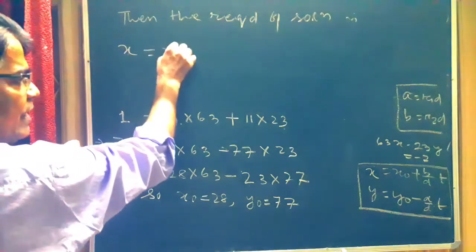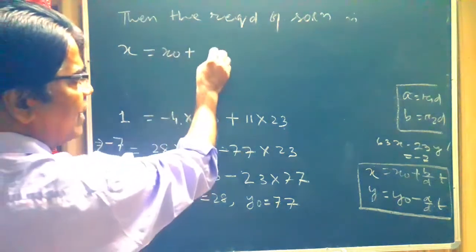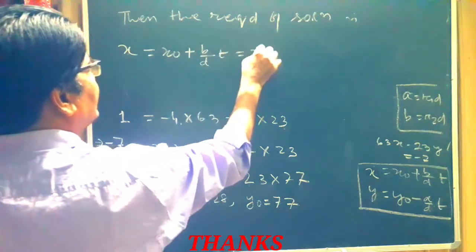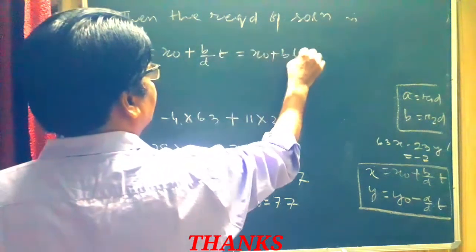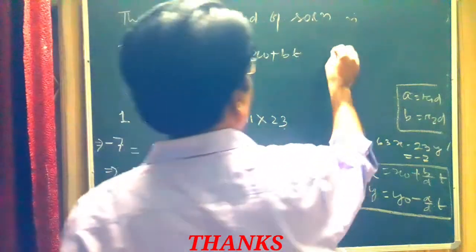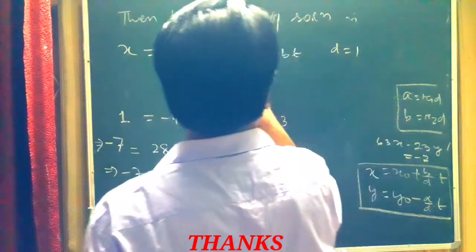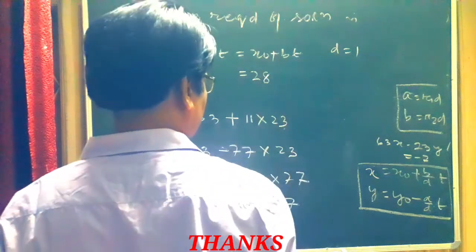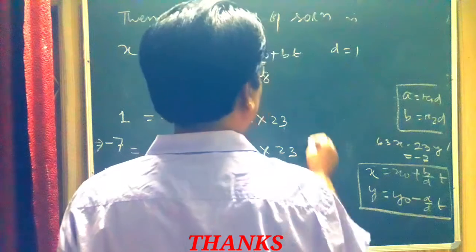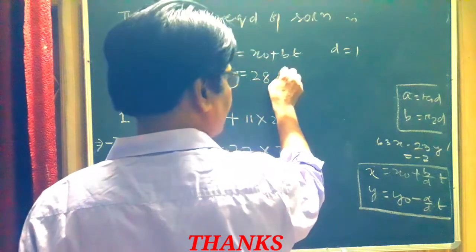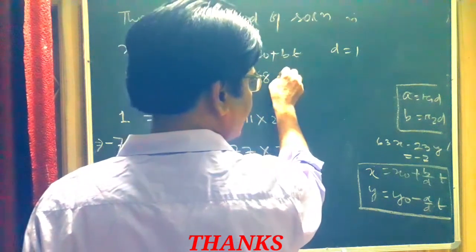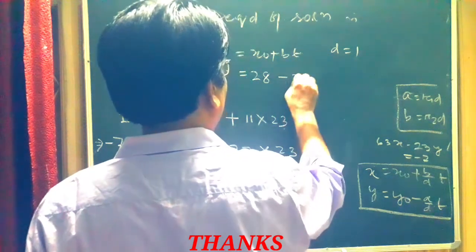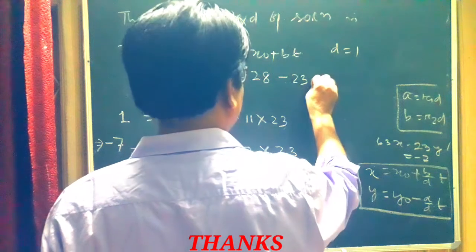x = x0 + (b/d)t = x0 + bt because d = 1. So this is equal to 28 - 23t, where x0 is 28 and b = -23.